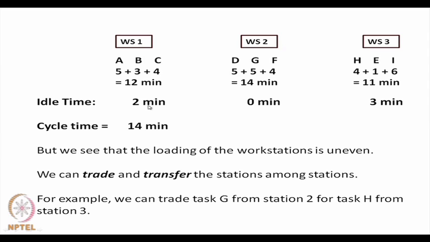Now, we can use our judgment to trade and transfer the tasks among stations. For example, G from station 2 and H of station 3 can be traded and transferred. G has got a time of 5 and H has got a time of 4.